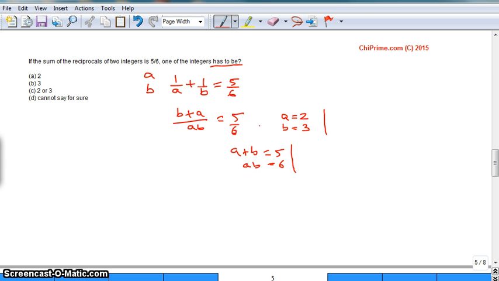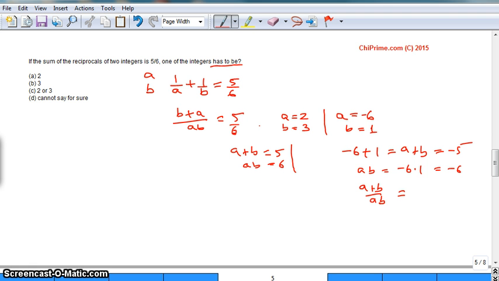If we look at the problem a little more closely, we will also figure out that if a is equal to -6 and b is equal to 1, these numbers also meet the condition specified, because in this case as well, -6 plus 1, which is equal to a plus b, is -5, and ab is equal to -6 times 1, which is -6, but a plus b over ab is still equal to -5 over -6, which is equal to 5/6.